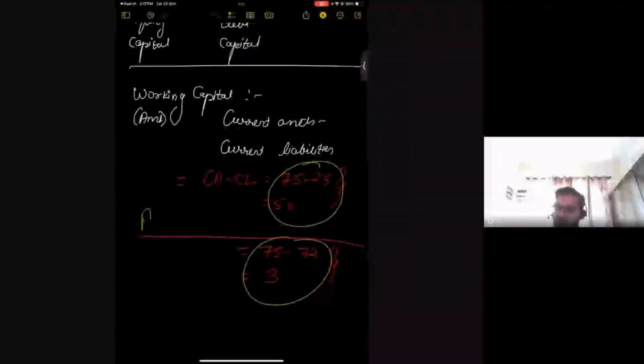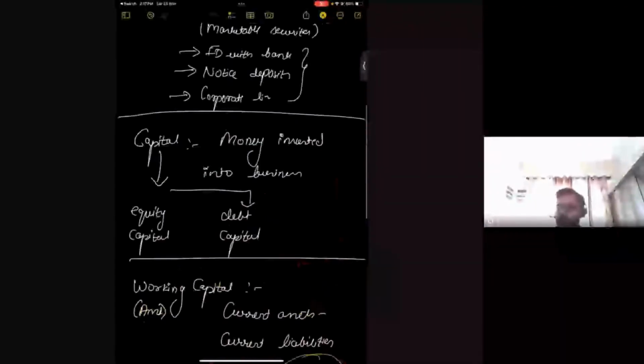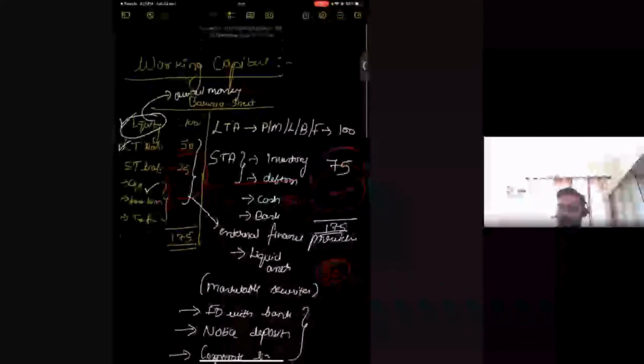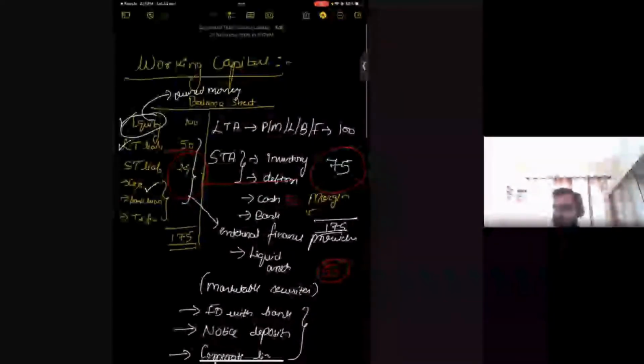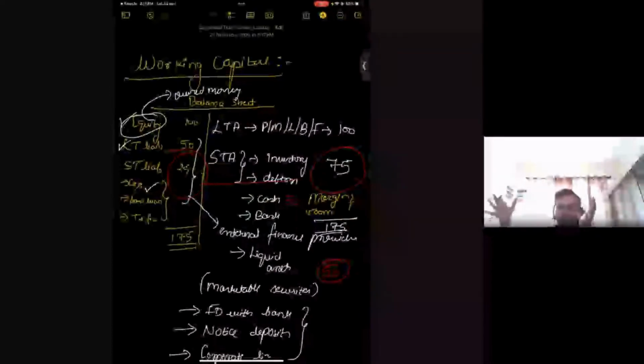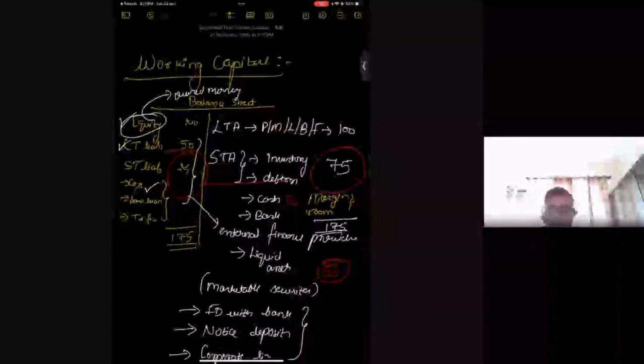So you have more assets than liabilities, which means you have a greater margin for error, or greater room. It's always good to have a lot of assets rather than sitting on a lot of liabilities at any given point of time, because then you have lesser headache.